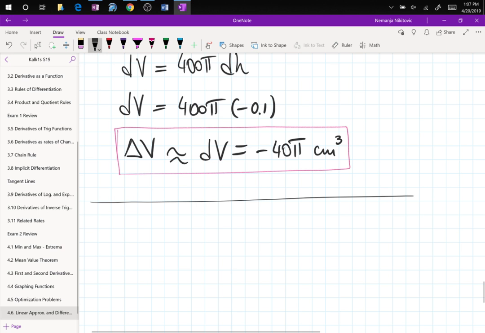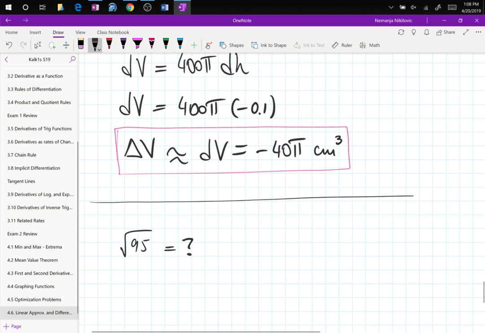So we can use differentials also to approximate numbers. So let's calculate the square root of 95. Square root of 95 is equal to the question mark.